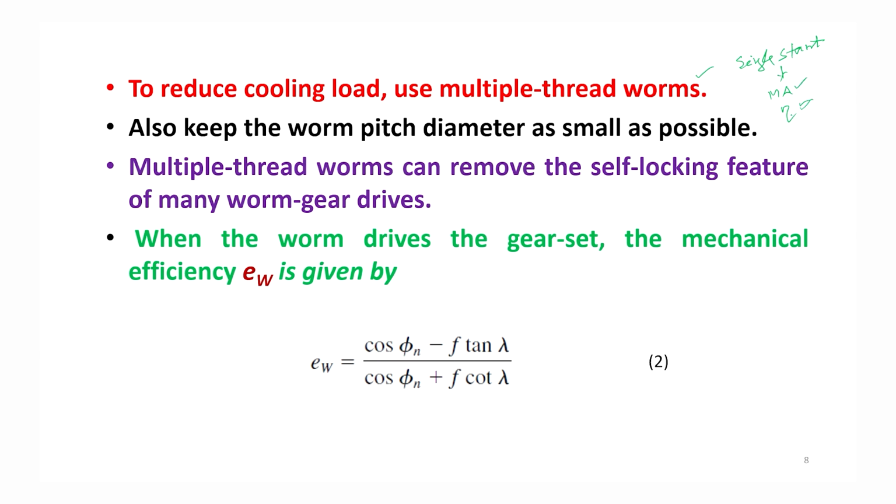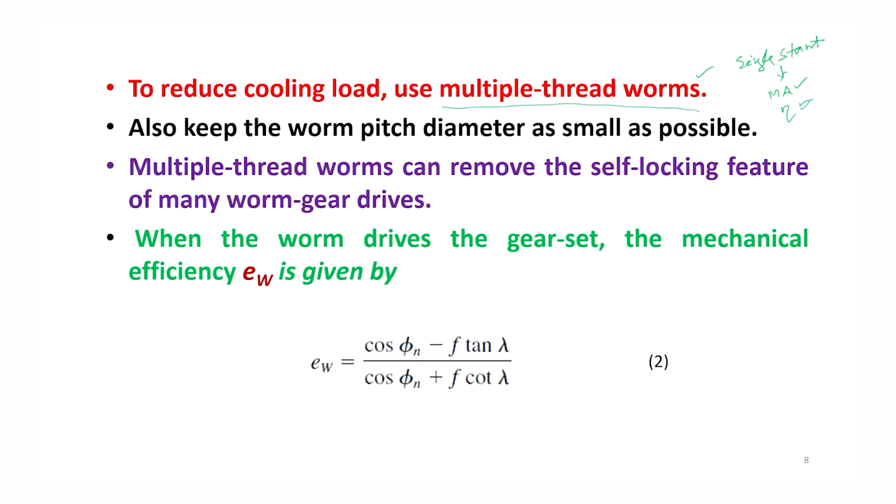Increase of efficiency means there will be lesser amount of heat generation or loss of power, and that can be achieved by the multiple threaded worm. So, that will reduce the cooling load. Also, keep the worm pitch diameter as small as possible. Multiple thread worms can remove the self-locking feature of many worm gear drives.